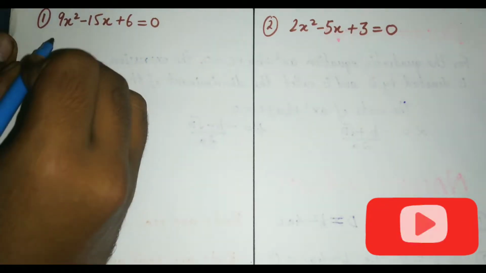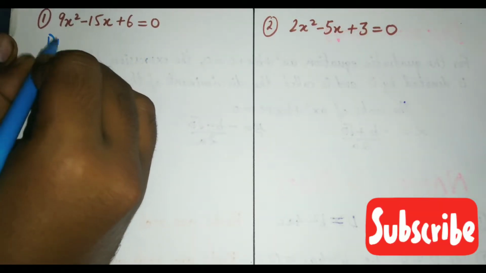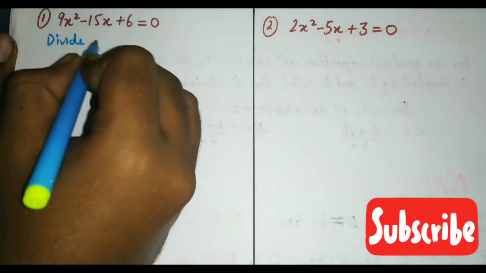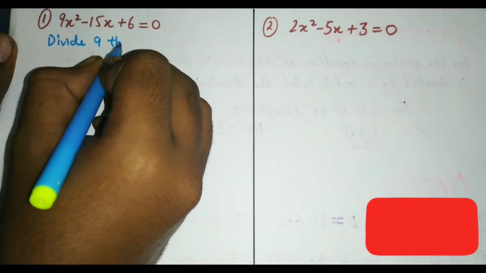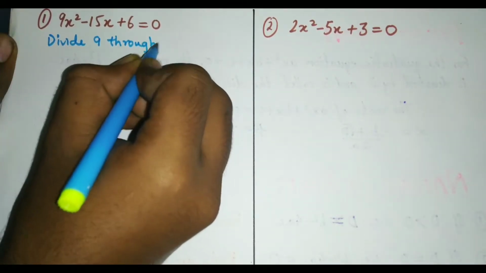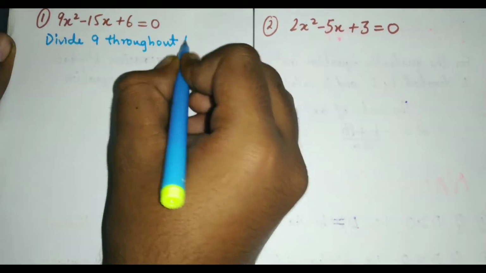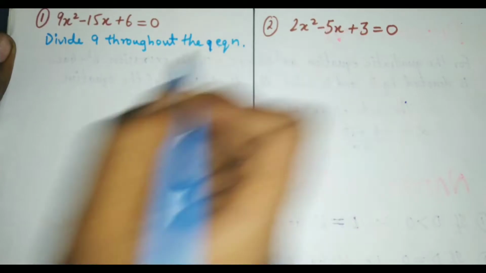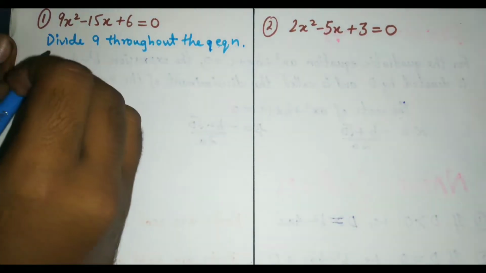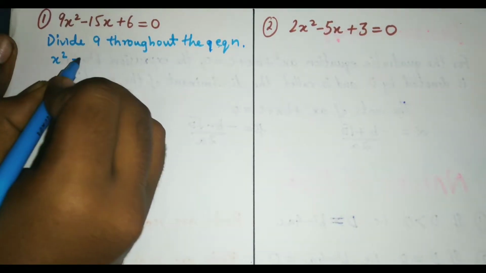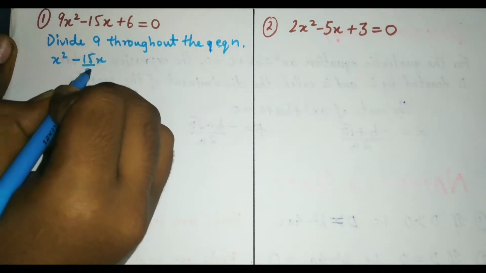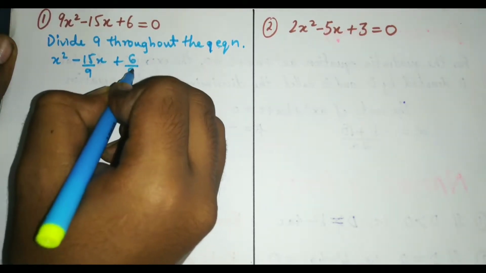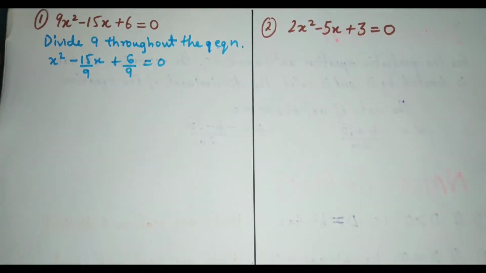Fine. So you have to divide 9 throughout the equation. Now when you divide, you will get x square minus 15 by 9 x plus 6 by 9 equal to 0, right?